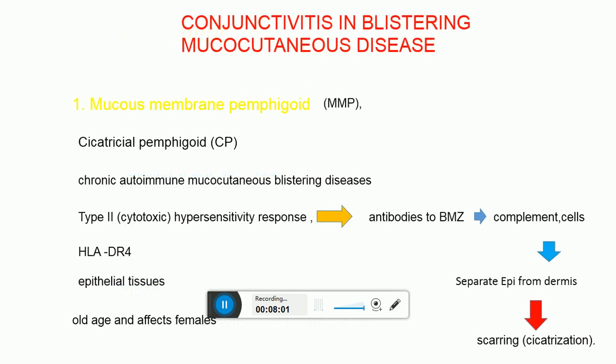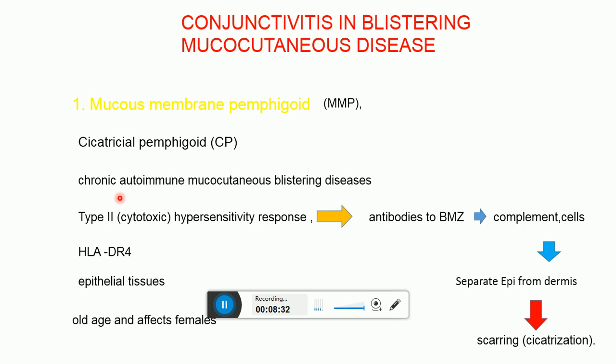The next topic is conjunctivitis in blistering mucocutaneous disease, of which the first is mucous membrane pemphigoid, also known as MMP, or ocular cicatricial pemphigoid, OCP. It is a group of autoimmune mucocutaneous blistering diseases with an unknown trigger and a type 2 hypersensitivity response.